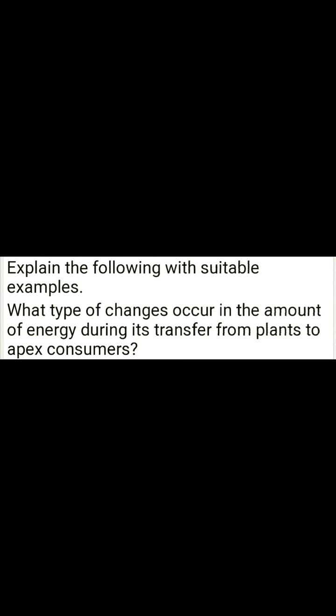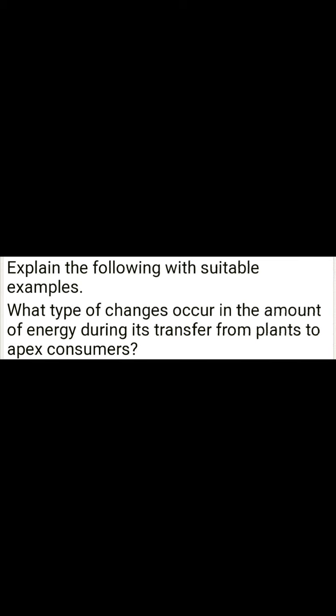The next question is: explain the following with suitable examples. First question: what type of changes occur in the amount of energy during its transfer from plants to apex consumers?